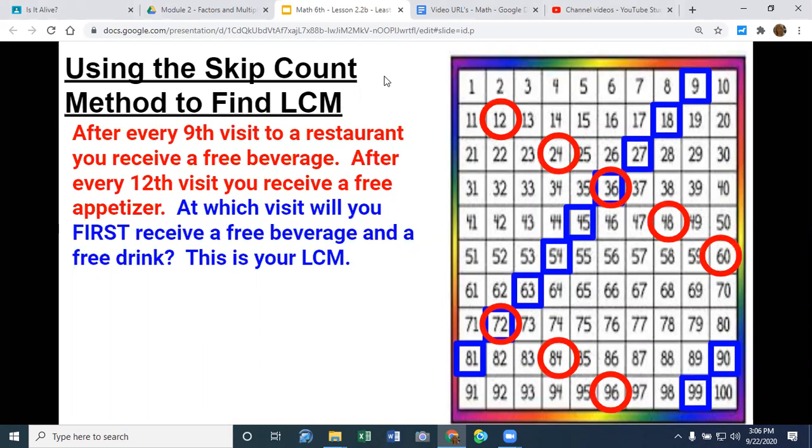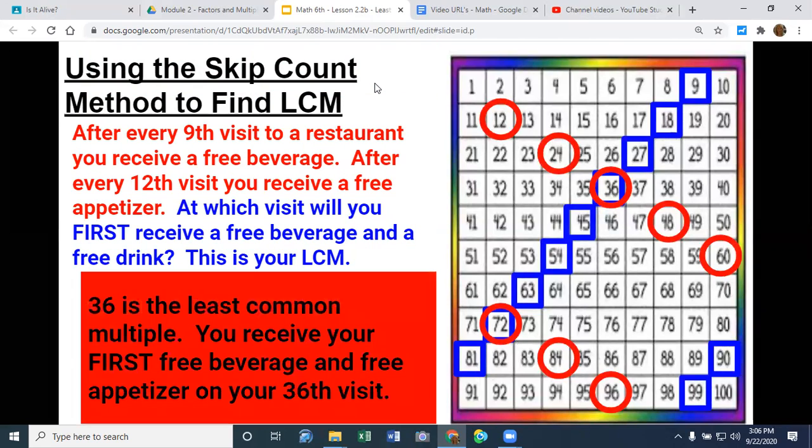You get both on those 2 days. Which one is the least? Exactly, 36. 36 is the least common multiple. You receive your first free beverage and free appetizer on your 36th visit.